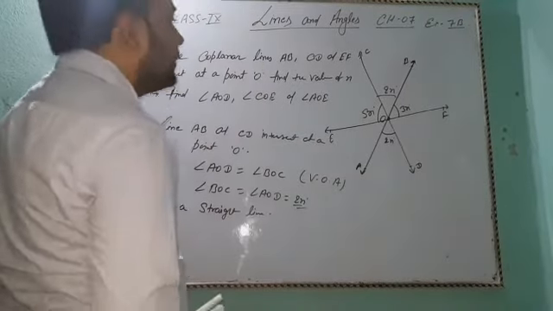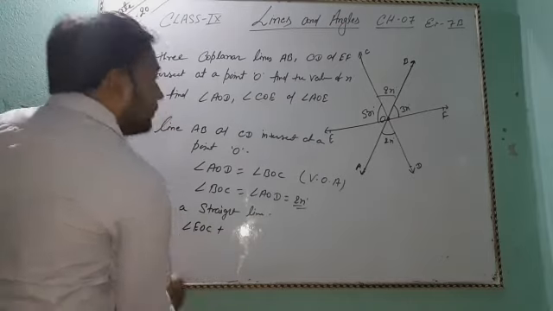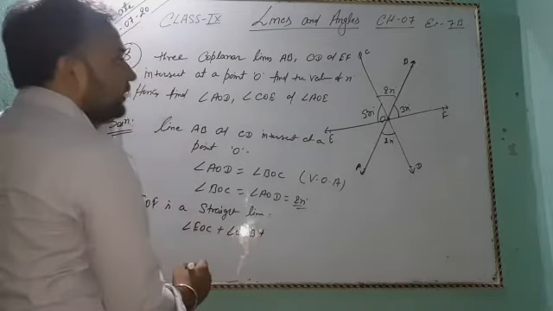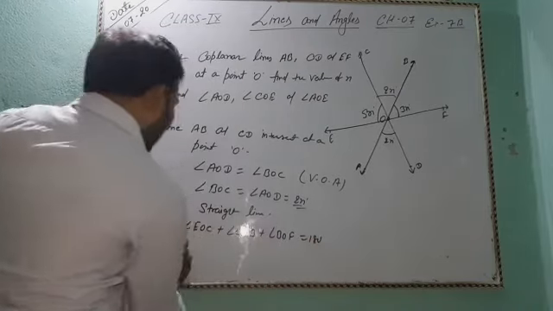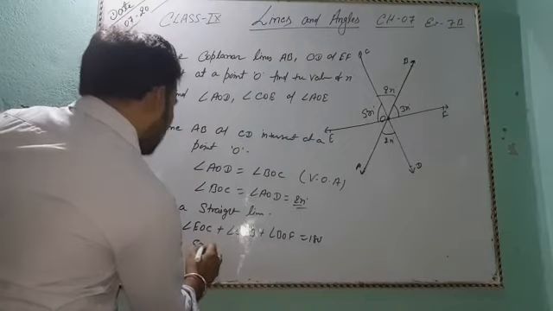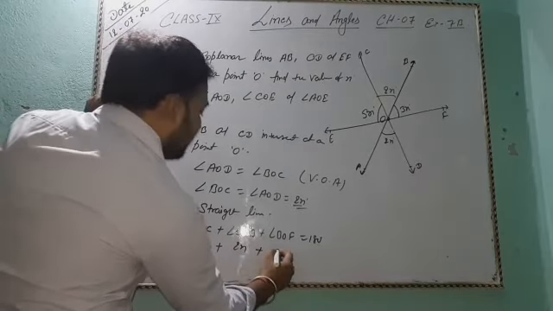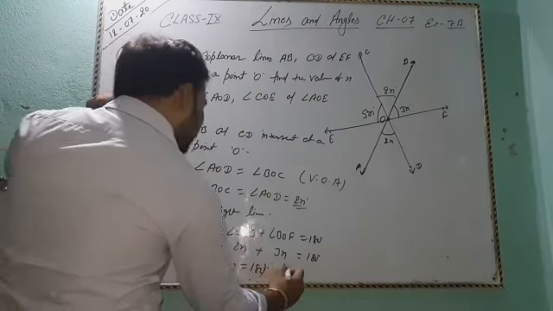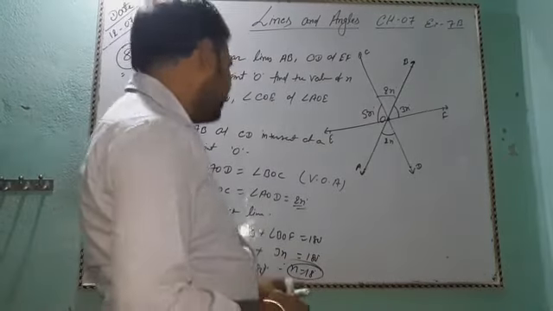So we write angle EOC plus angle COB plus angle BOF equal to 180 degrees. So angle EOC equals 5x, COB equals 2x and angle BOF equals 3x, equal to 180 degrees. 5 plus 2 plus 3 is 10x equal to 180 degrees, so x equals 18 degrees. The value of x equals 18 degrees.